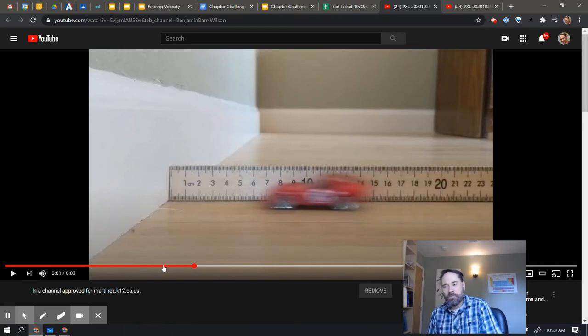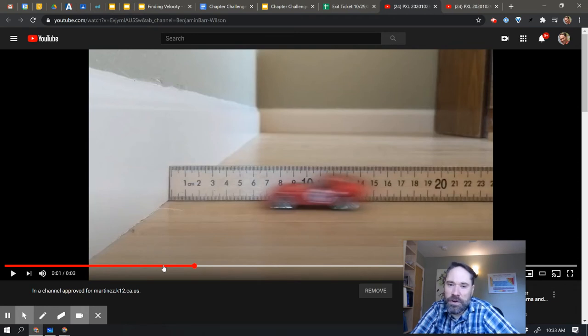Let's take a look at what that video looks like here in the middle. I've got this car that is super blurry. The reason for that is I filmed this at 30 frames per second. I didn't film it in high speed like I had done with other videos.